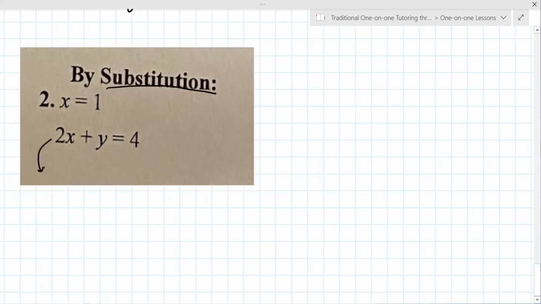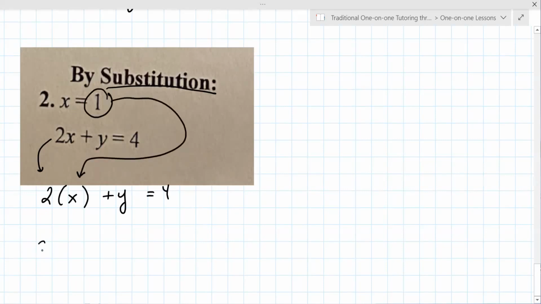First I'm going to rewrite that second equation where I put x in parentheses, because I want to put the 1 inside the parentheses: 2 parentheses 1 plus y equals 4.